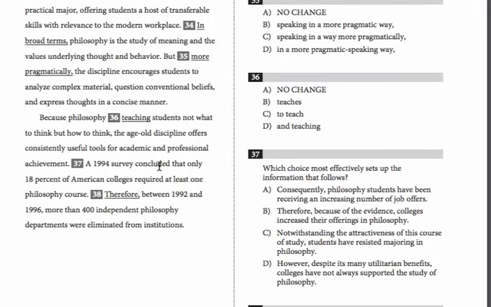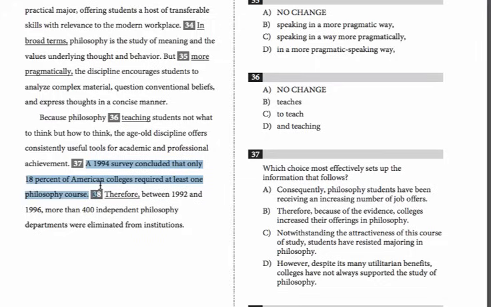"A 1994 survey concluded that only 18% of American colleges required at least one philosophy course." And this is asking which choice most effectively sets up the information that follows. By the way, this question means, which one of these should go here? If you want to put one of these sentences in this block here, which one should you put in? So what we want to look at really quickly is that only 18% of American colleges required a philosophy course.